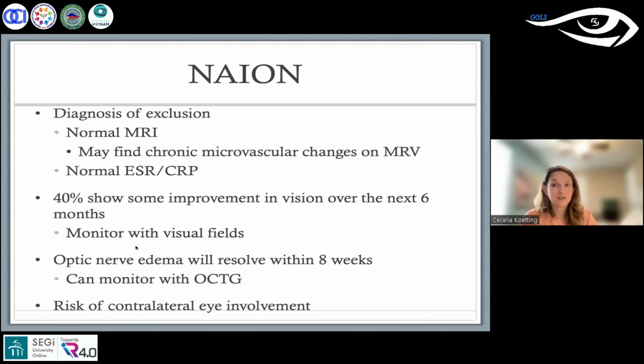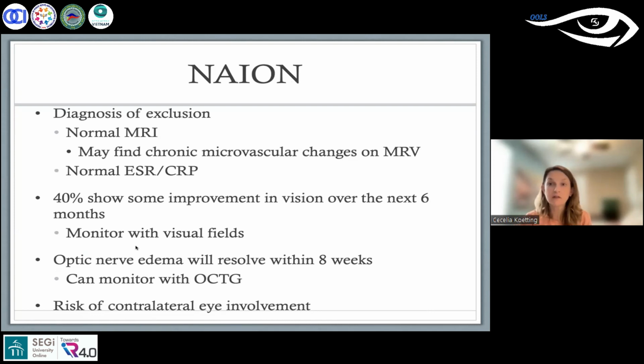Again, like I said, diagnosis of exclusion, you got to rule everything out. If you do an MRV, a lot of times they'll have microvascular changes or signs of a chronic microvascular change. That means blood vessels have been struggling, right? We get that a lot with age anyway, but in these patients, we do tend to see a little bit more. Otherwise, 40% will show some improvement in vision over the next 6 months.